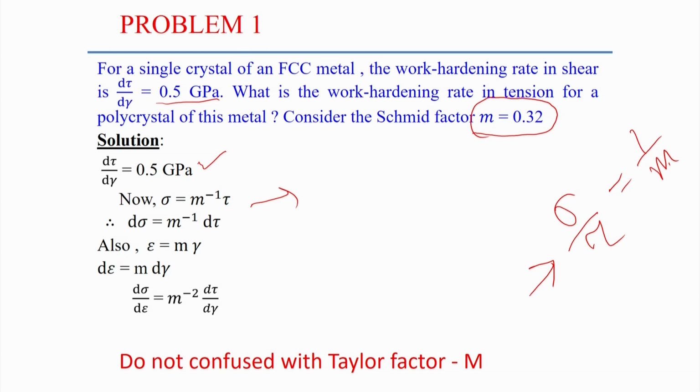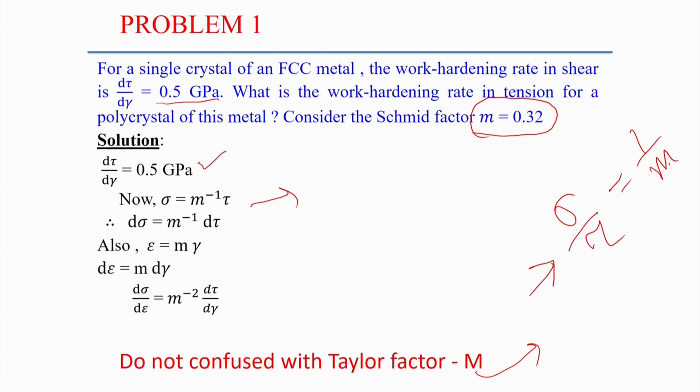The Schmidt factor should not be confused with the Taylor factor M, because when we consider the Taylor factor M for the orientation dependence, in that case we consider that sigma by tau is actually M. So do not confuse the two. With the Schmidt factor M, this is the relation between these two.